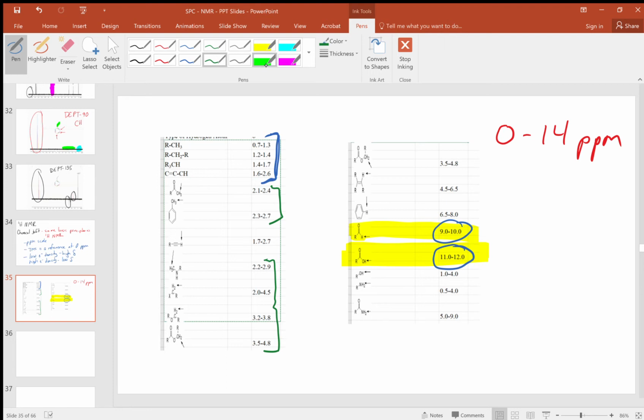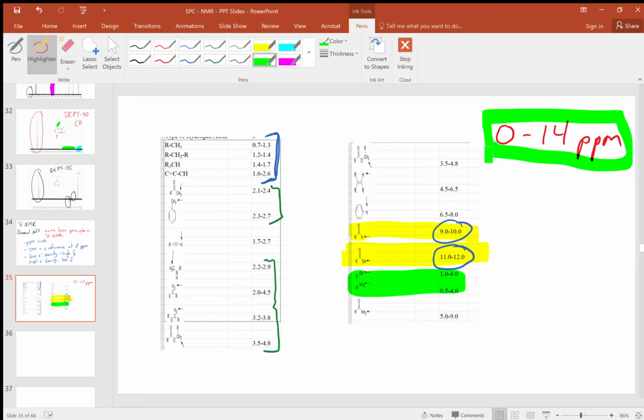Possibly the most difficult functional group to identify here from its range are OH and NH protons. And there's other reasons for that we'll get into later on. But one of the big reasons you can see here is they're pretty big ranges, especially when you look at that mean, 0.5 to 4. That's almost a third of our entire range for proton NMR.